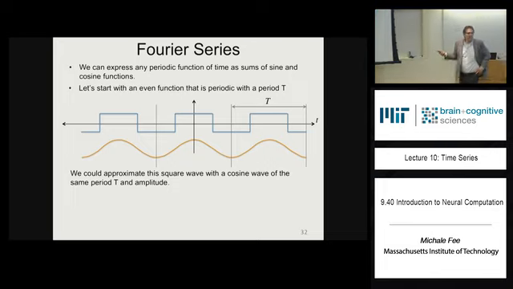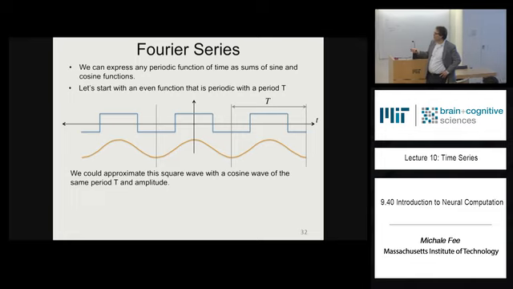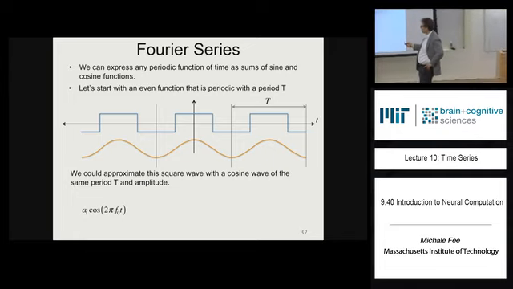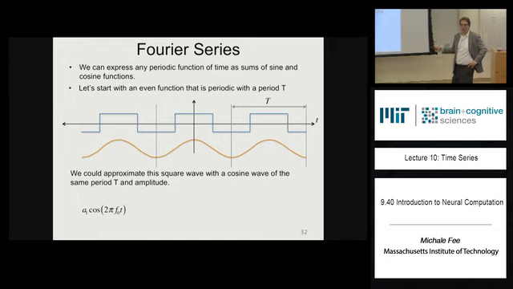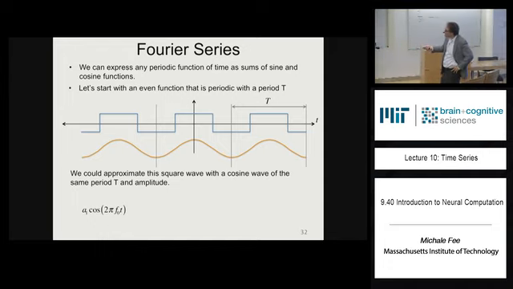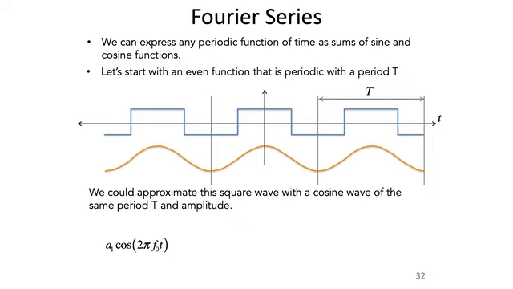Now, we might say, okay, that's not a very good approximation. What could we add to it to make a better approximation? Another cosine wave, okay? Which is what we're going to do in just a second. So we're going to approximate this as a cosine that has some amplitude, A1, okay?